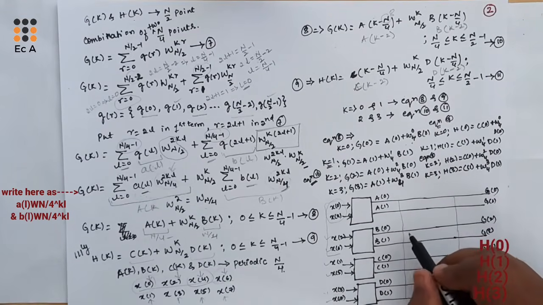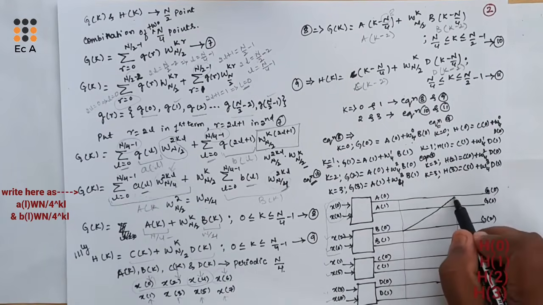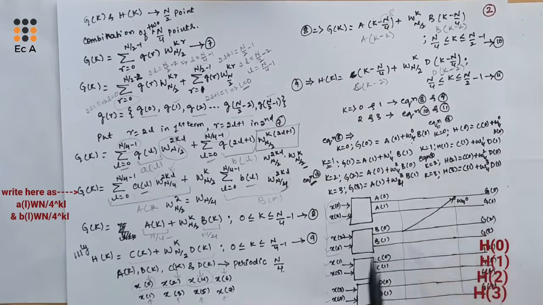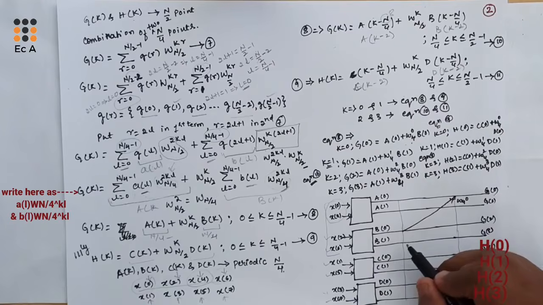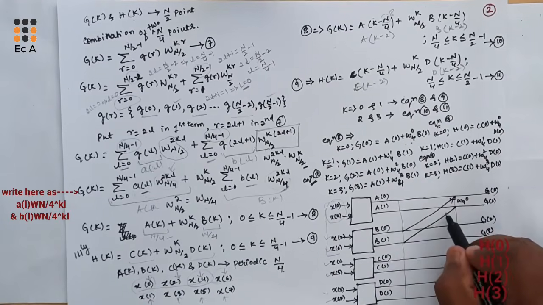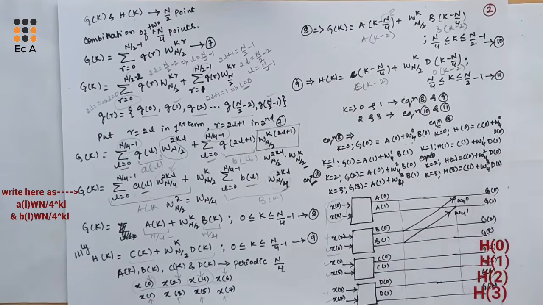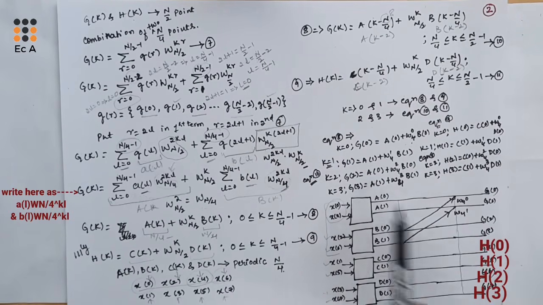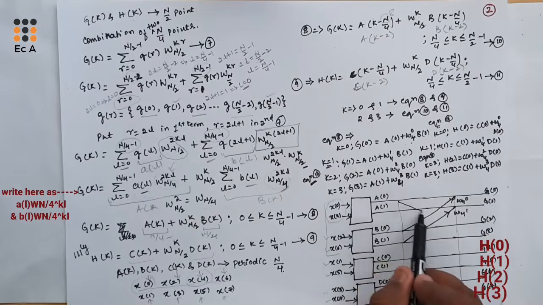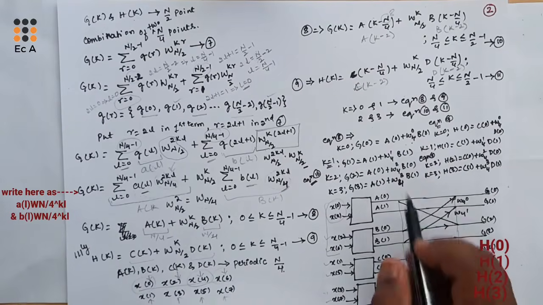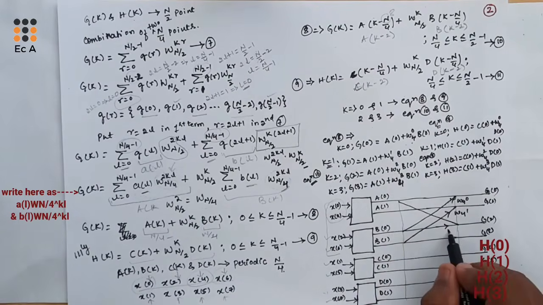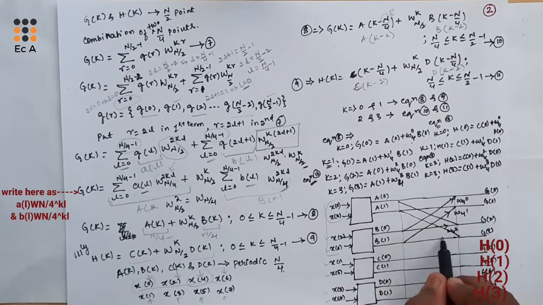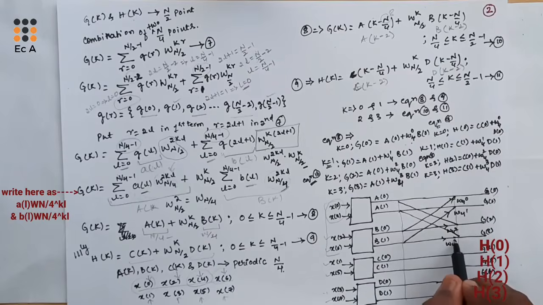So, this is a of 0, we can join these two and we can write w4 to the power of 0. Again, to get second equation, we can join these 2 points and we can write w4 to the power of 1. To get this third equation, g of 2, we can join these two and we can write the scaling factor as w4 to the power of 2, and we can join these 2 points and we can write the scaling factor as w4 to the power of 3.